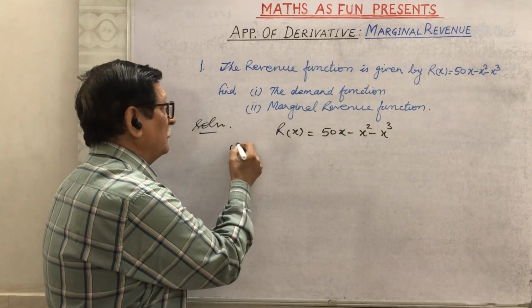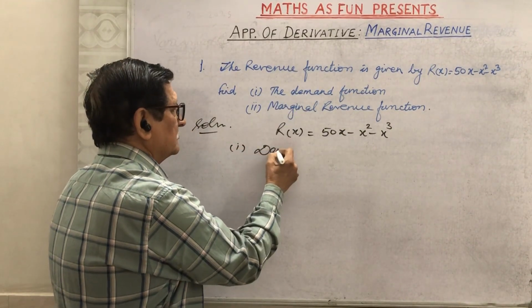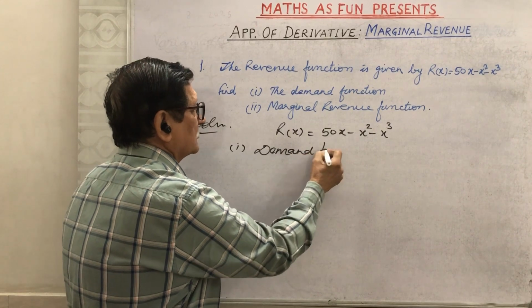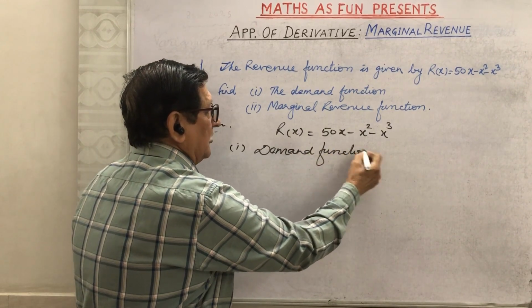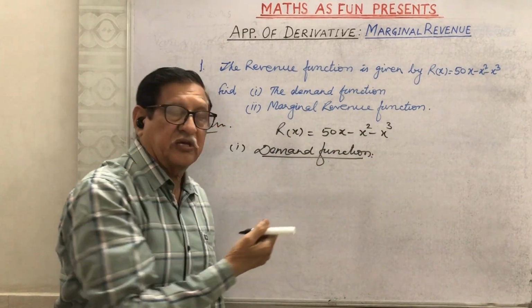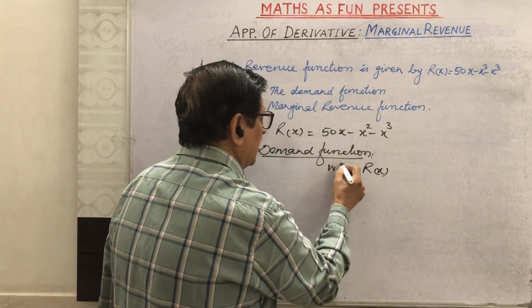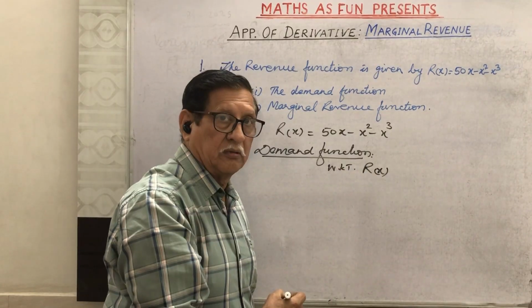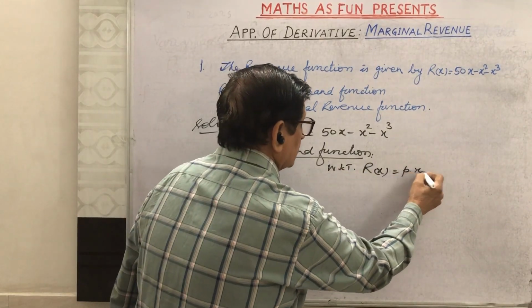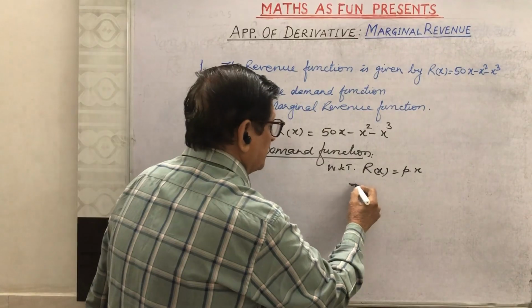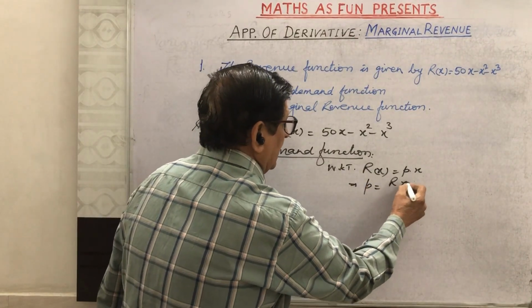To find the demand function, we know that the revenue function R(x) is given by p into x. It means p will be R(x) upon x.